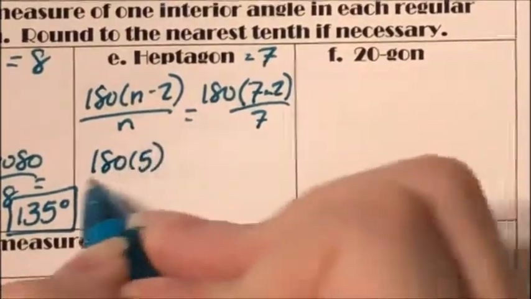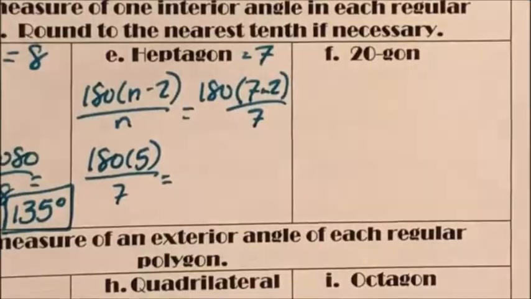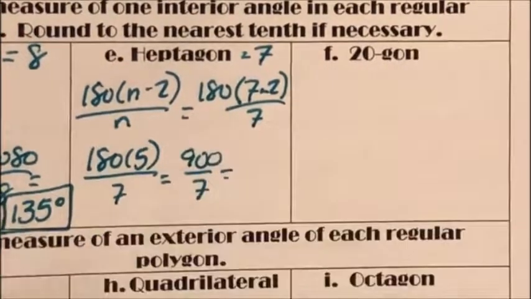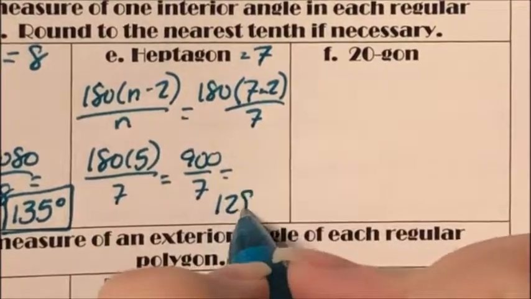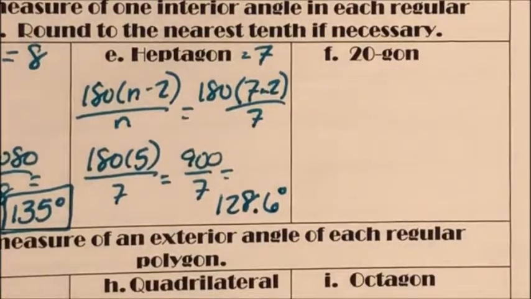So 180 times 5 divided by 7. 180 times 5 gives me 900, divided by 7 gives me 128.6 degrees, because I'm rounding to the nearest tenth.